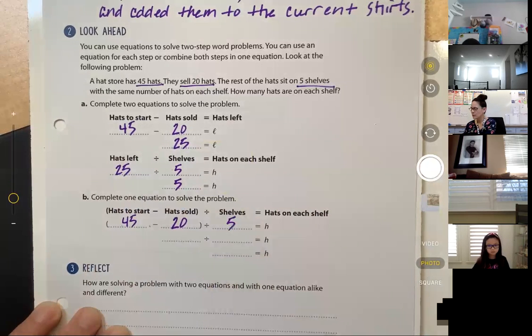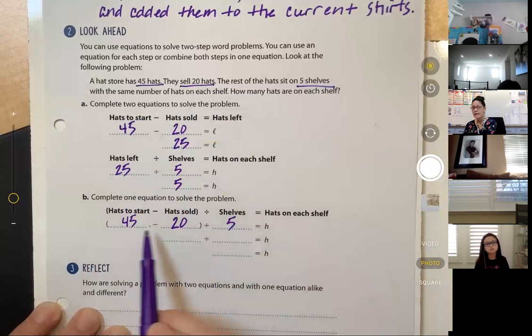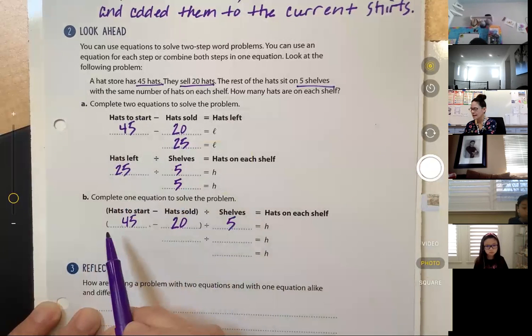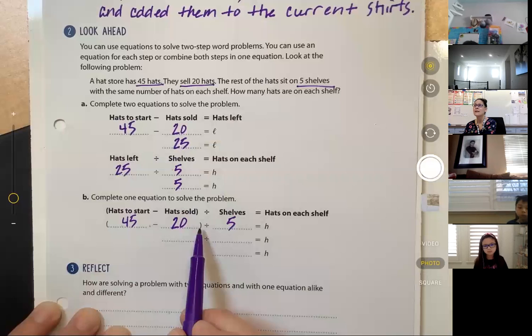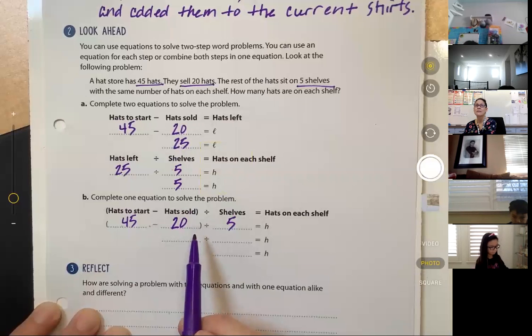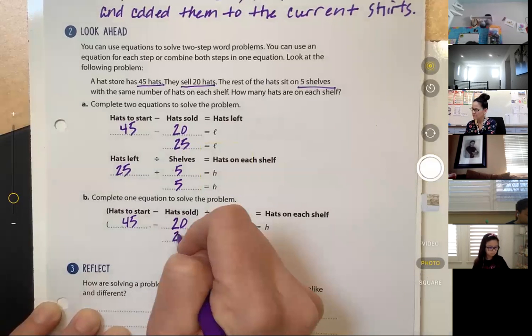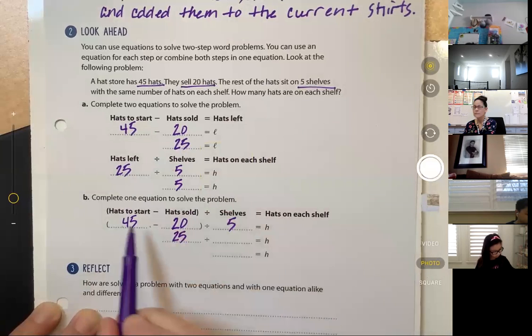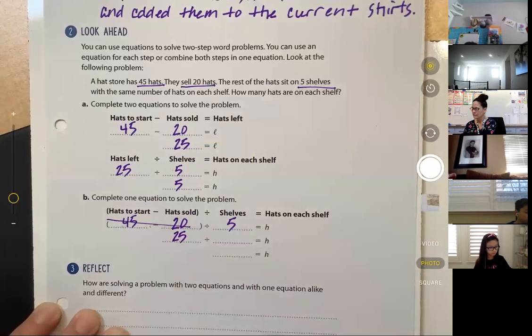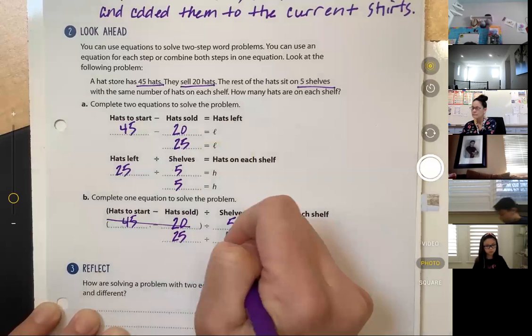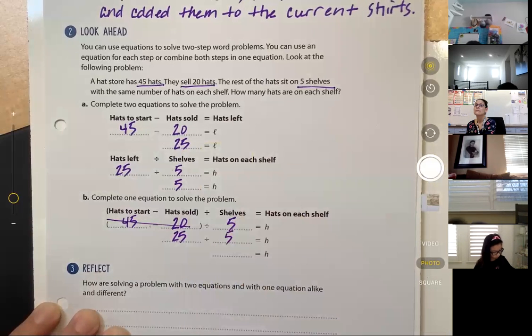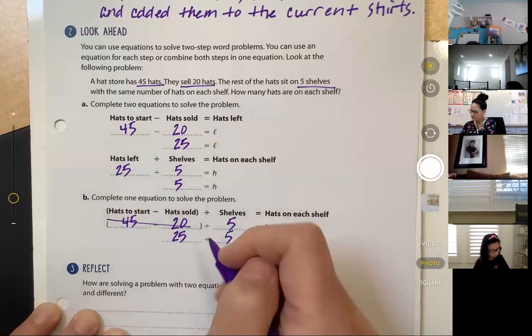So remember, friends, when we see the parentheses, these parentheticals are saying that that operation needs to be performed first. The subtraction, the operation of subtraction, must be performed first. So 45 minus 20 is 25, which now takes that away, divided by 5 equals 5.